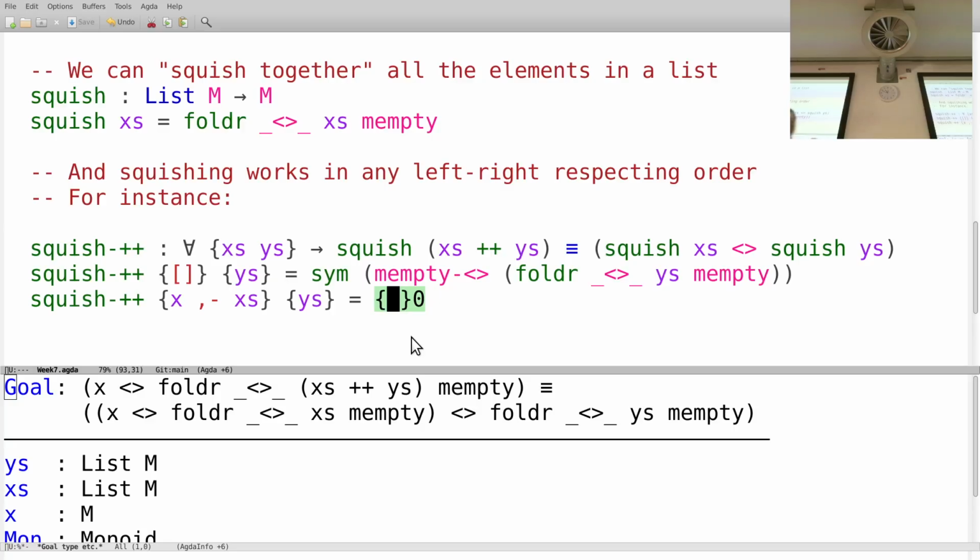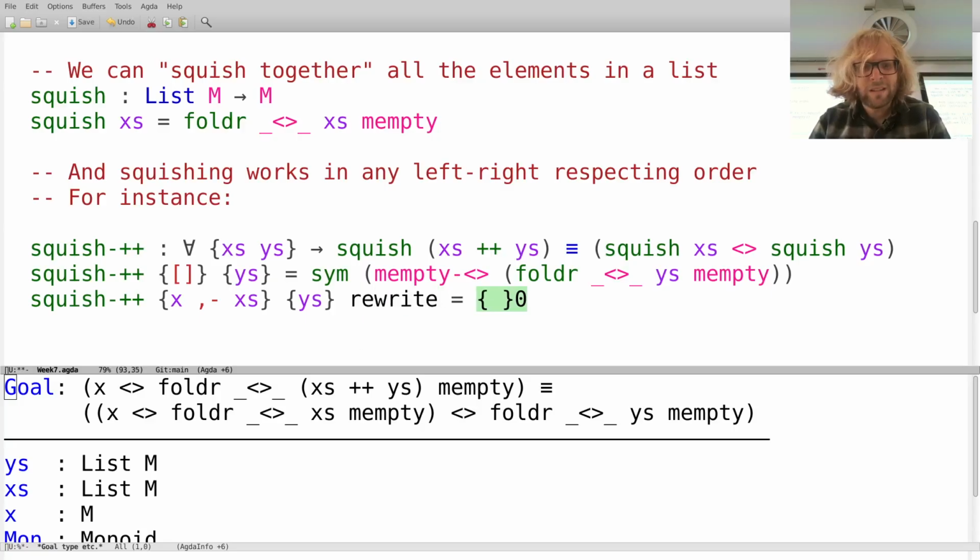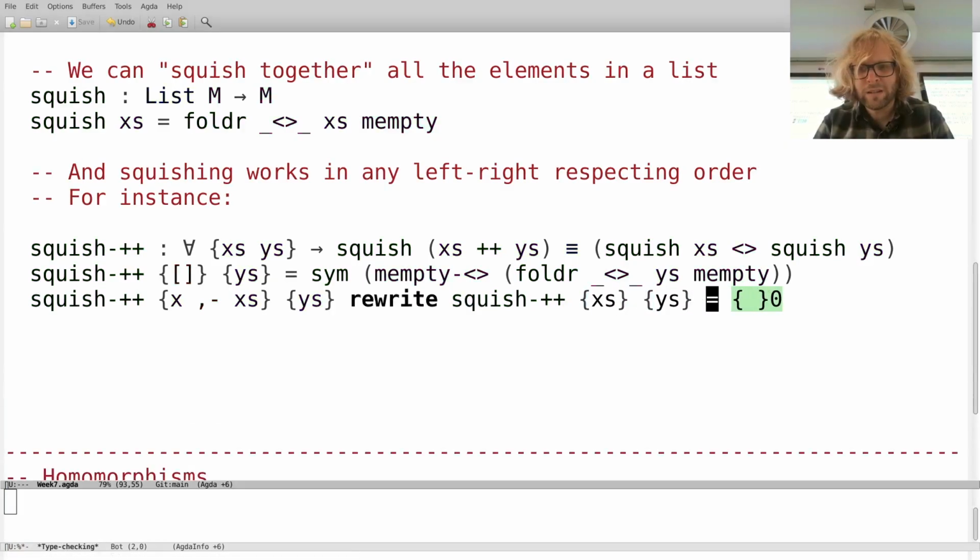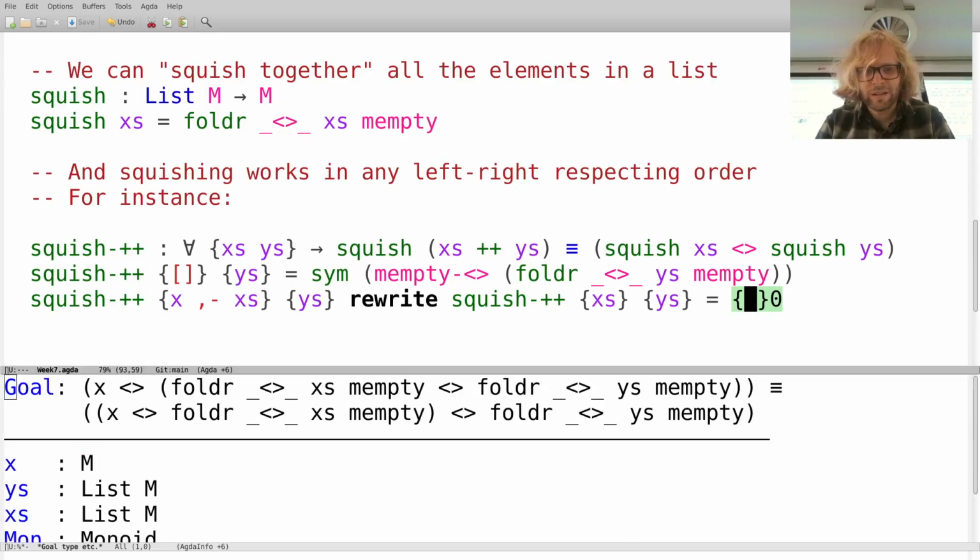So let's see what we get if we do a recursive call. I guess I'm going to try to do a rewrite. Okay, so we have replaced that fold R of a concatenation with the operation applied to the pieces. And it looks quite promising, right?